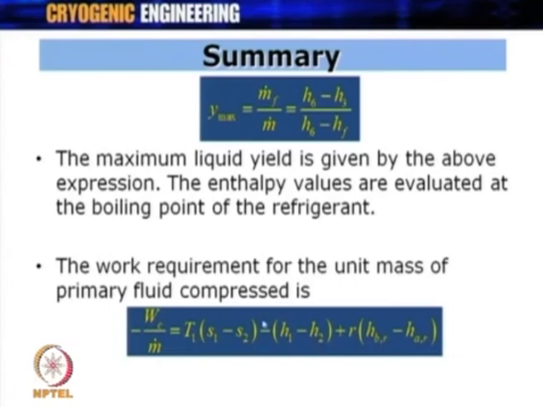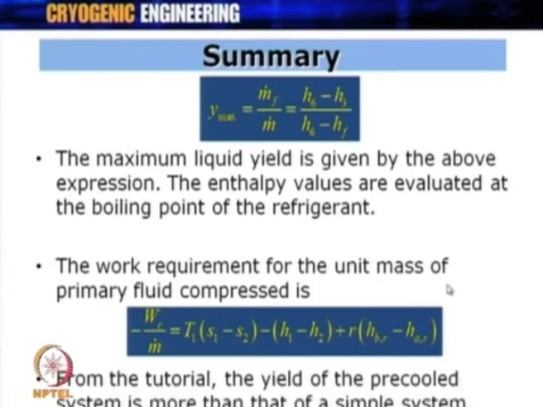These two terms are for simple Linde-Hampson, while this additional term comes because of the refrigerating compressor. And based on the tutorial we did, we have understood that the yield of the pre-cooled system is more than that of a simple system. So, what is important is to understand whether the pre-cooling is justified or not, because pre-cooling adds an additional circuit, and therefore we have to study the effect of this additional arrangement on the entire system.